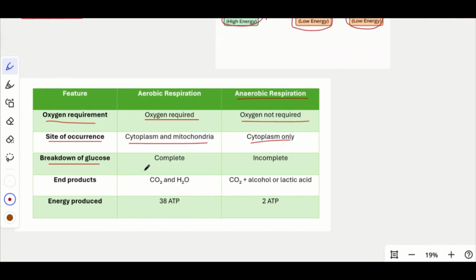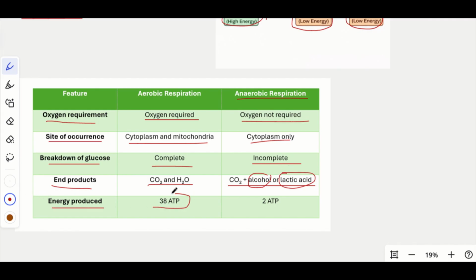And breaking down of glucose is completely broken down in aerobic and it is incomplete in anaerobic. And what are the end products? Carbon dioxide and water in aerobic; carbon dioxide and alcohol or lactic acid in anaerobic respiration. Alcohol in yeast and lactic acid in human muscles. Okay. And what about the energy produced?